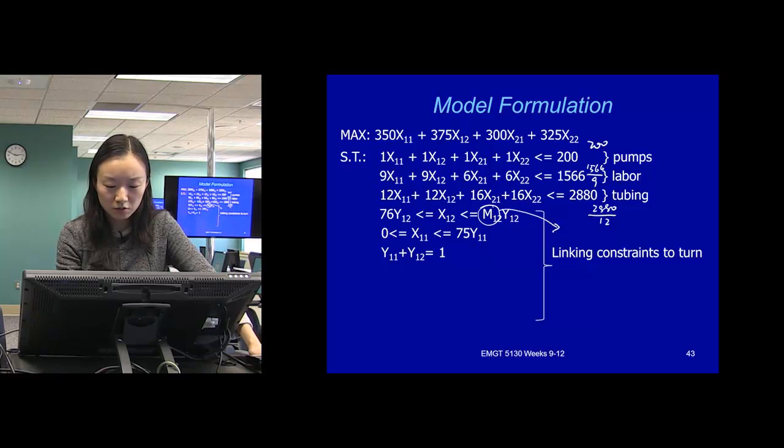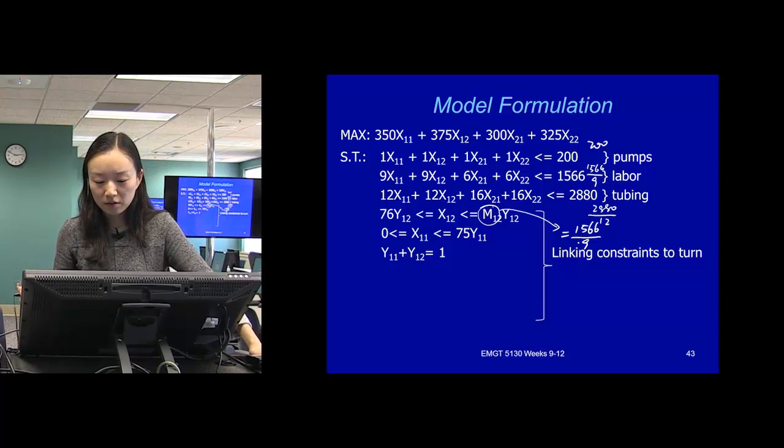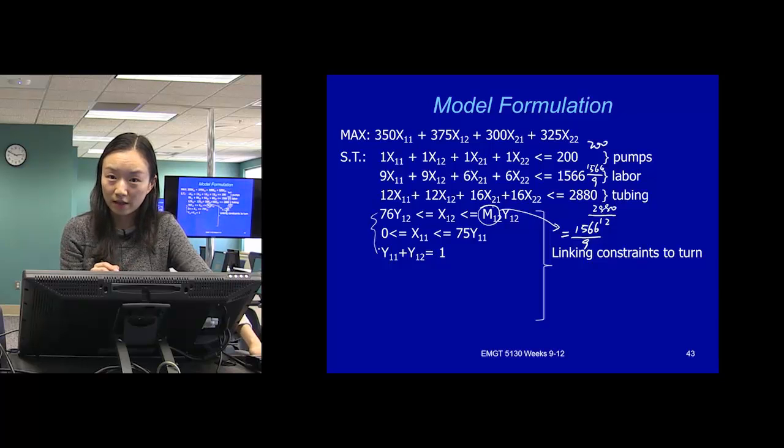So this will be equal to 1566 divided by 9. And this time we don't need to subtract 75, right? Because the x represents the total number you produce. It's not starting from the 76 units. Okay, so this M will be this value. And you have these three constraints to establish the relationship between x11 and x12.